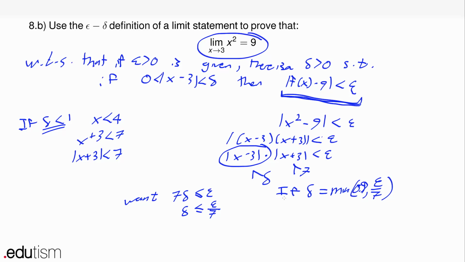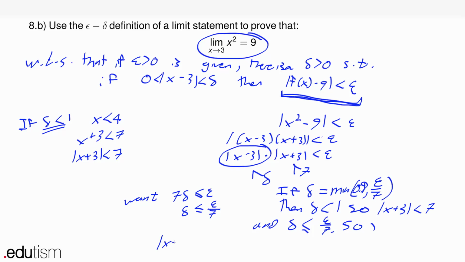So if delta is this minimum, then delta is smaller than 1, so the absolute value of x plus 3 is less than 7, and delta is less than or equal to epsilon over 7. So this statement here, the absolute value of x minus 3 times the absolute value of x plus 3, is going to be smaller than 7 delta, which is going to be less than or equal to epsilon.